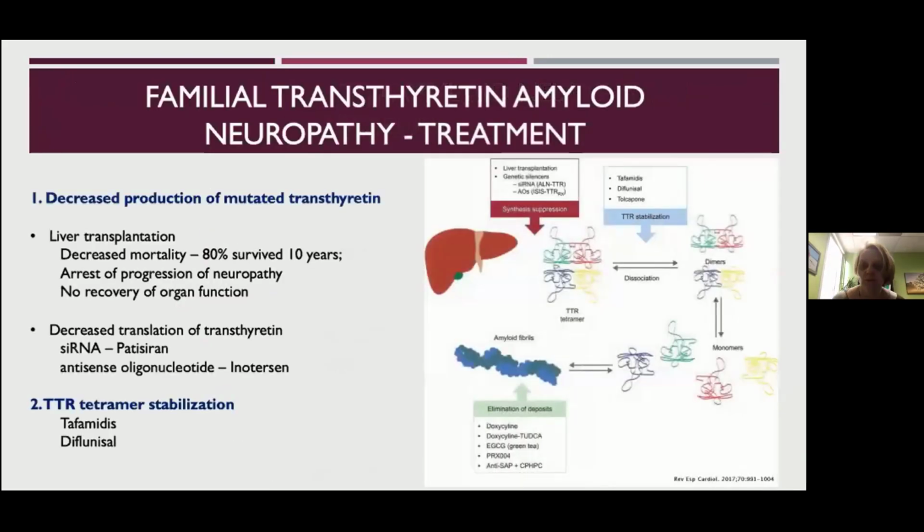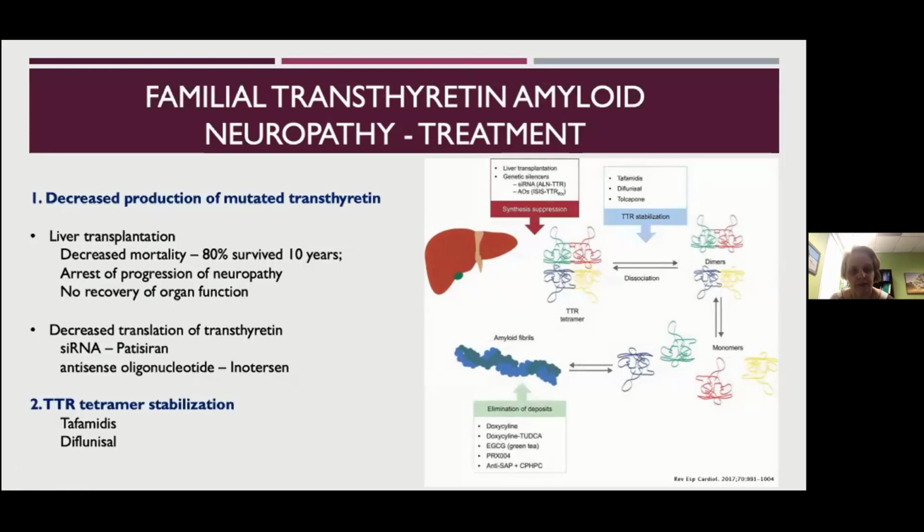Treatment, and that's probably the most exciting area right now. So it's either treated by decreasing the production in the liver or by stabilizing the tetramer. Decreasing the production can be through liver transplant, and this has been done in the past mainly. It did show decreased mortality and longer survival.